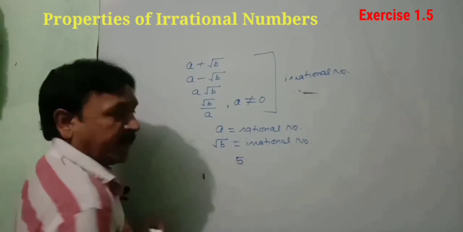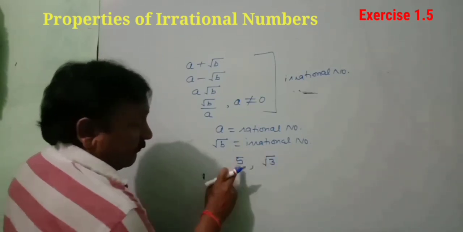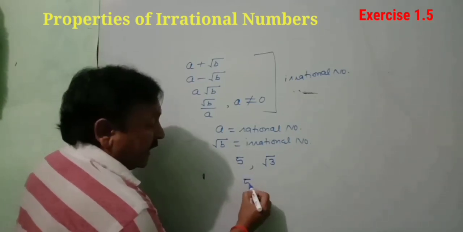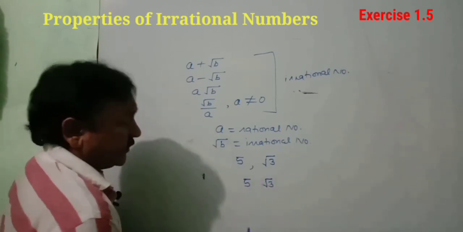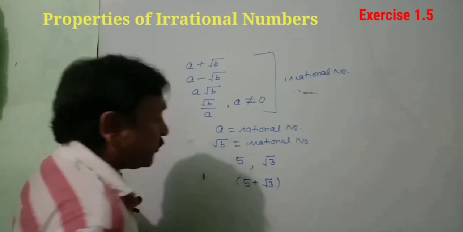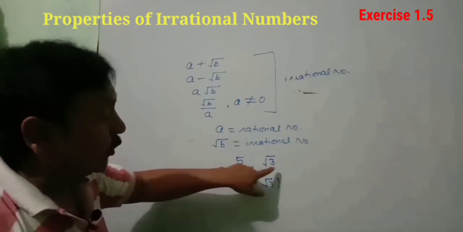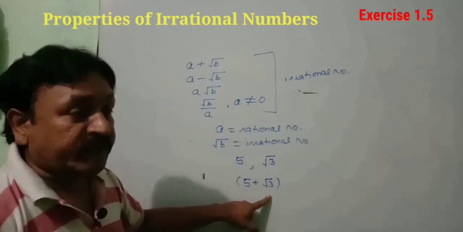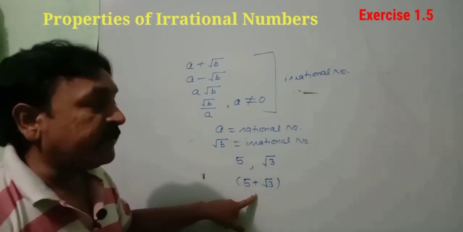Suppose 5 is rational, root 3 is irrational. 5 is a separate number, root 3 is a separate number, but when I bring 5 and root 3 together by some operation, suppose addition, then 5 plus root 3 becomes a different number. 5 was rational, root 3 was irrational, and 5 plus root 3, which is different from 5 and root 3, is an irrational number.